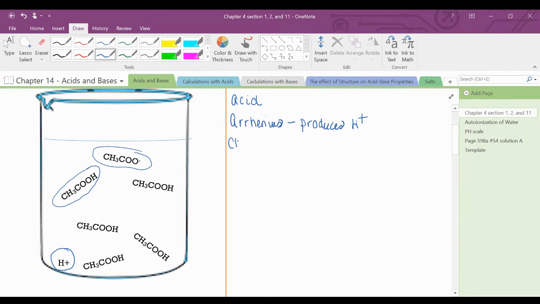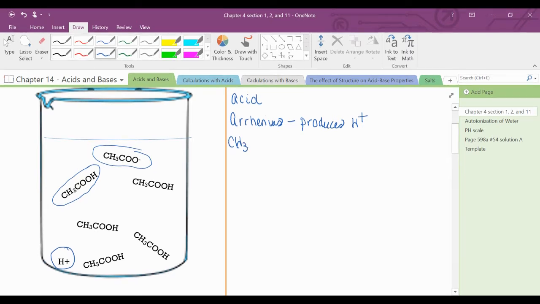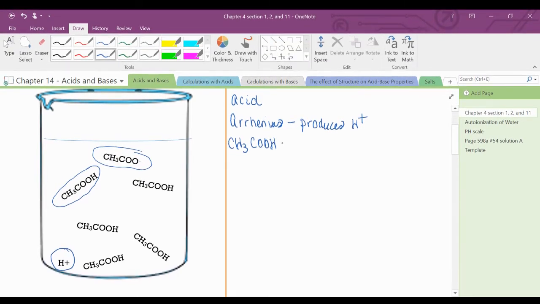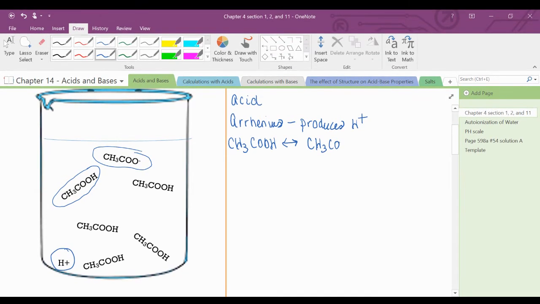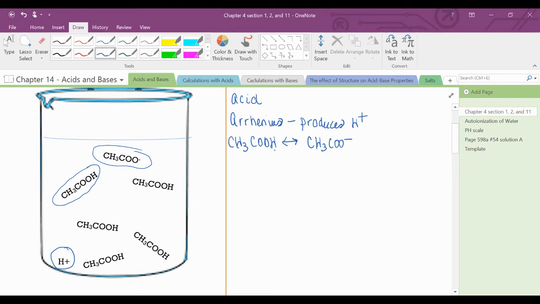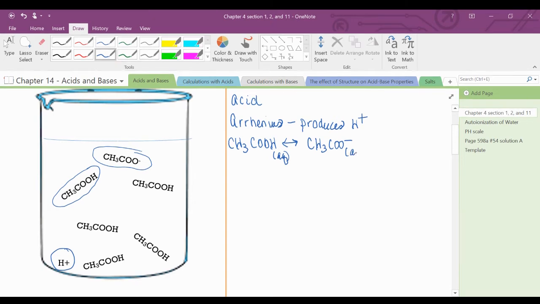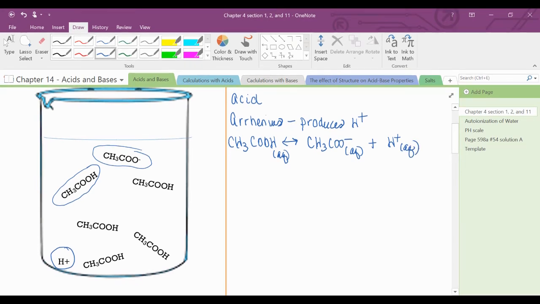So you would start out with the molecular ionic compound. So I have CH3COOH. It's going to break apart. And we already talked about that this produces an acetate ion. And it also produces a hydrogen ion. So that would be the way that I can prove that this is an acid.